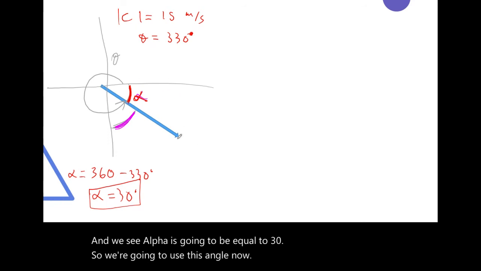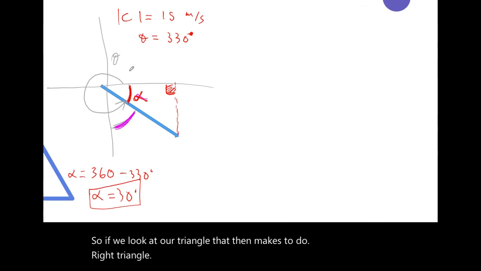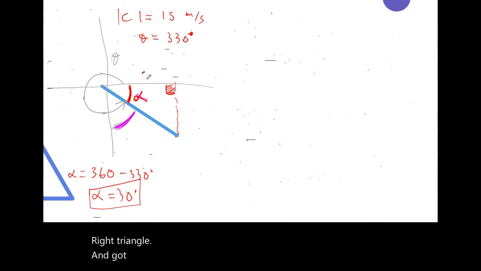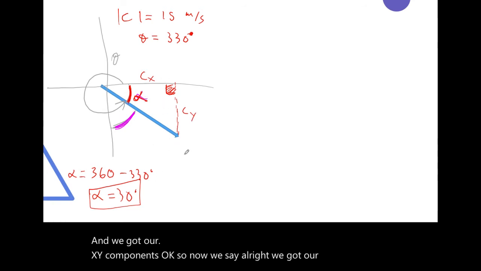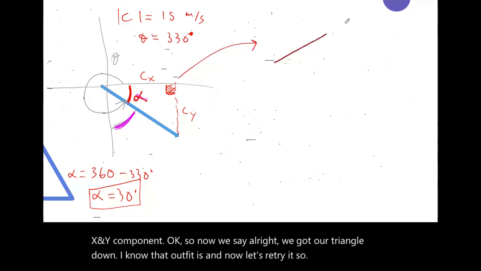So if we look at our triangle that makes, all right, triangle, and we've got our x and y components. Okay, so now we've got our triangle down. I know what alpha is, and now let's redraw it so it's a little easier to look at.